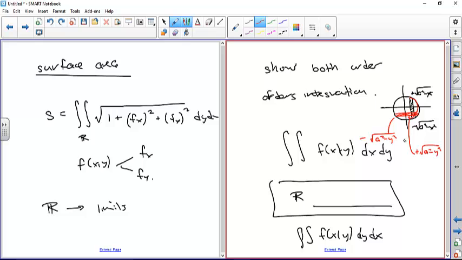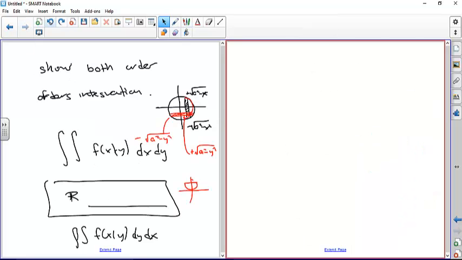So it's something similar to that, except I'm not going to use circles, but I could define the boundaries as something like a parabola and a horizontal line like that. I could have some linear segments or whatever. And then once you set it up in both ways, there's going to be one way that's better than the other. And you may just have to think about it. I can't tell you enough details so you can't do the problem.